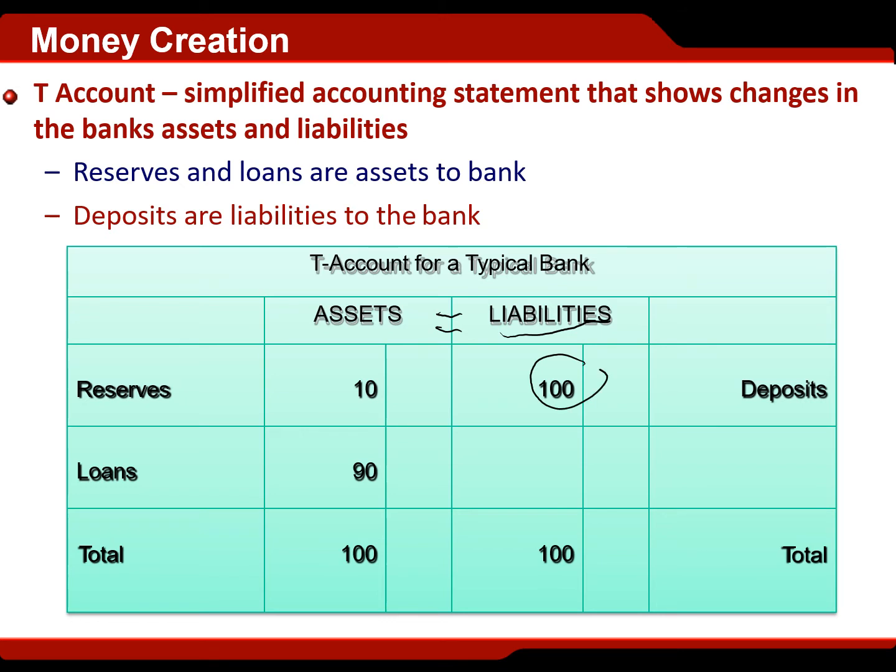We'll take a look, and we start off with $100 worth of deposits. 100 plus 0 equals 100. So down here is our total, $100 of liabilities, okay? Well, we've got to come over here, and whatever's in our assets column also needs to equal 100. Well, we've got $10 in reserve. We've got $90 in loans.